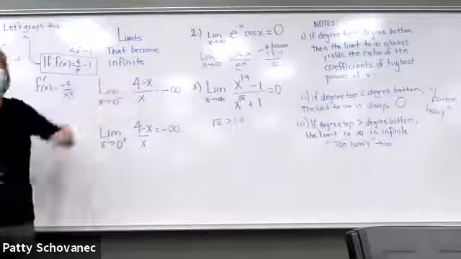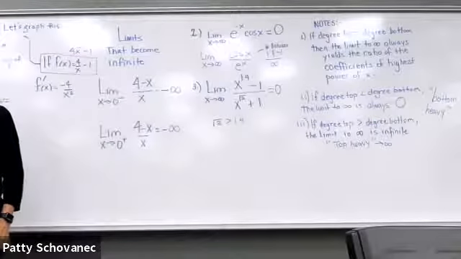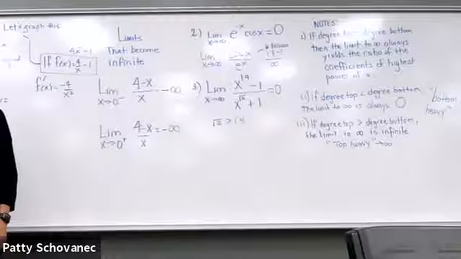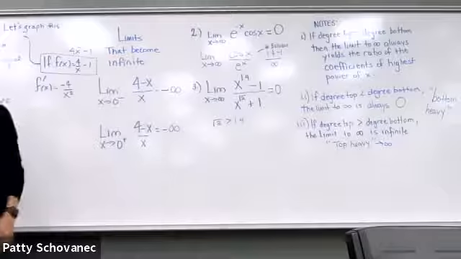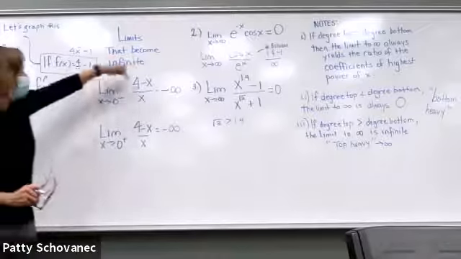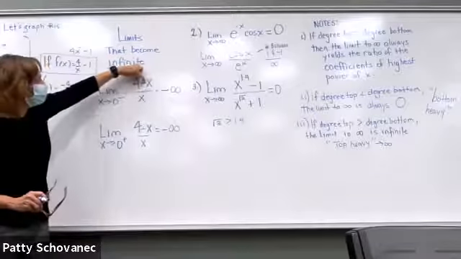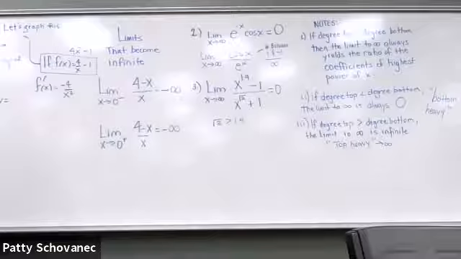Same power. Not gonna play along today. The degree on top is equal to the degree on the bottom. The limit to infinity is always the ratio of the coefficients. -1 over 1. So the line y is equal to -1 is the horizontal asymptote.